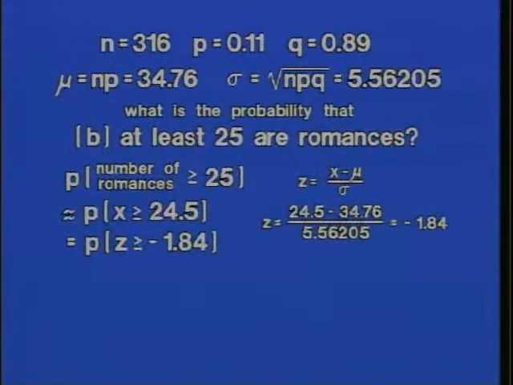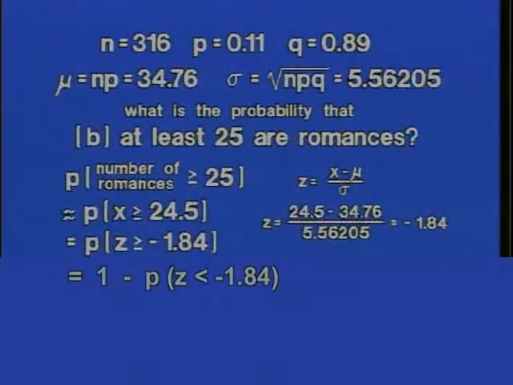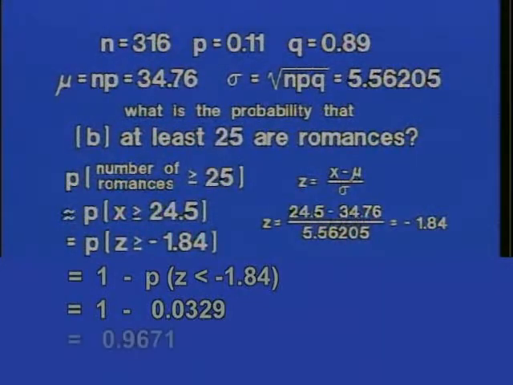But we know that our table contains information about area to the left of z-scores, so we're going to think of this as 1 minus the probability that z is less than negative 1.84. And the area corresponding with negative 1.84 is 0.0329. And 1 minus 0.0329 is 0.9671 for the area. And that is the probability associated with at least 25 of those novels being romances.